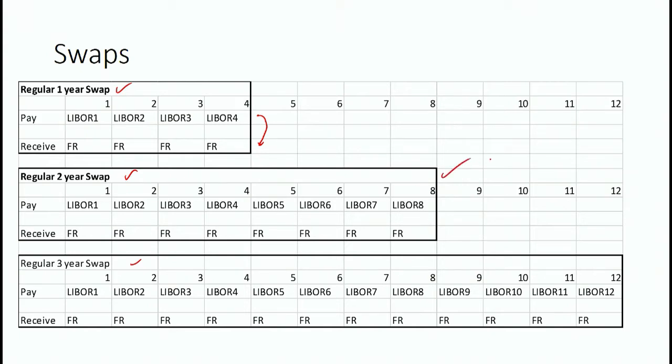And if we had a 3-year swap, there would be 12 sets of payments on a quarterly basis over the 3 years. In each case, what we would basically do is the same thing. We would take the present value of LIBOR payments and the present value of fixed rate swap payments, set them equal, and find the fixed rate that makes these two things equal.